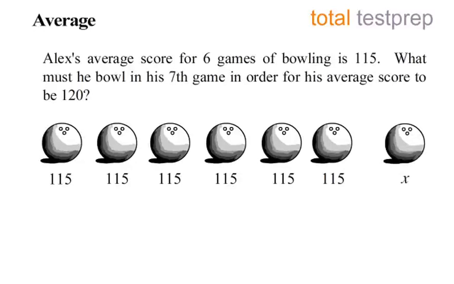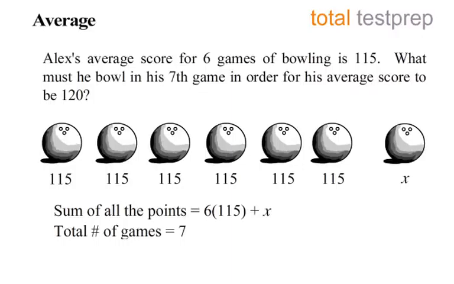He then bowled his 7th game, and we don't know how much he bowled in that game. However, we do know that the sum of all these 7 games is 115 times 6, because there's 6 games where he bowled 115, plus x, because we don't know what he bowled in the 7th game. The total number of games is 7. To find the average, we know the desired average is 120.